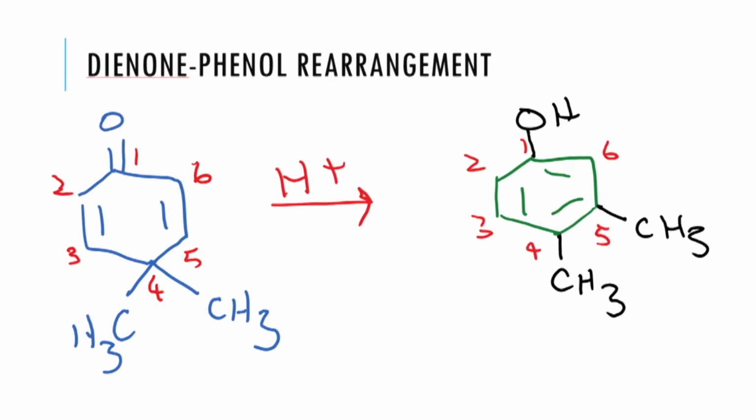So the carbon 1, which used to be a ketone, has now become a phenol. And carbon 4 used to have two methyl groups, it has only one. And carbon 5, which used to have a hydrogen, now has a methyl group. So now, in order to address the mechanism, let's consider the following.